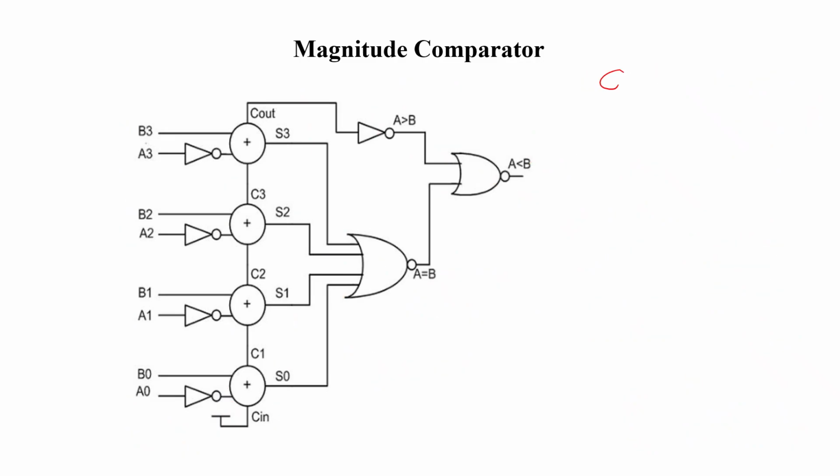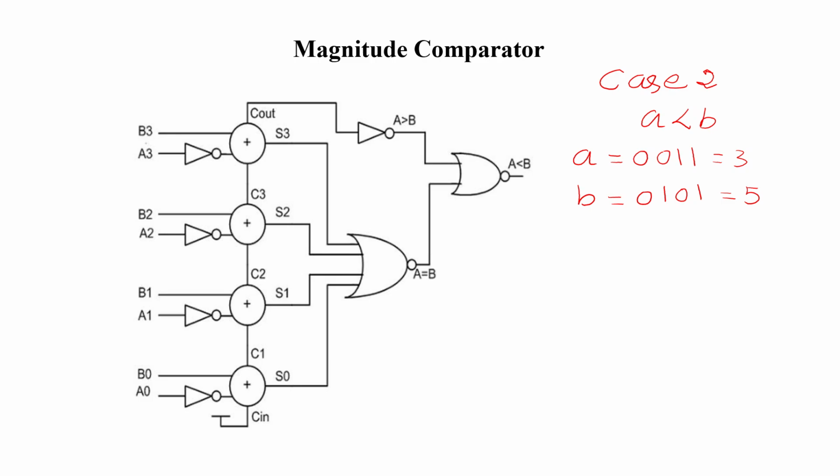Case 2, A less than B. Let me assume A value is 3 and B equal to 5. So A value is 3, B value is 5.